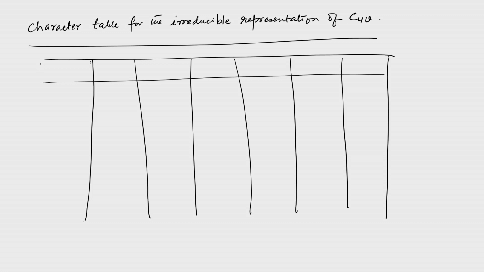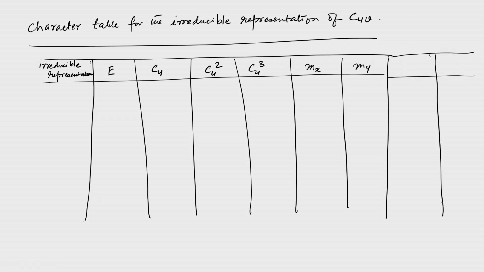This is the irreducible representation, and this is the identity. This is C4 as we have discussed. This is C4 square, this is C4 cube, mx, my, and we need 2 more for sigma u and sigma v.